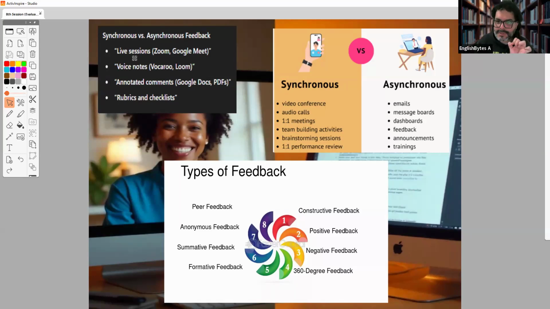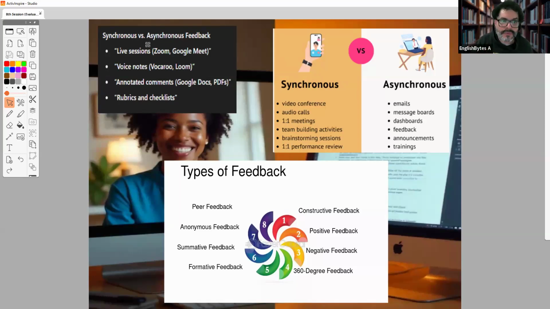That's synchronous feedback. Asynchronous feedback will be later, when you upload the activity, for example, into Moodle, if there is an online or virtual classroom. That's asynchronous feedback because we don't need to be connected at the same time in order to give you feedback.